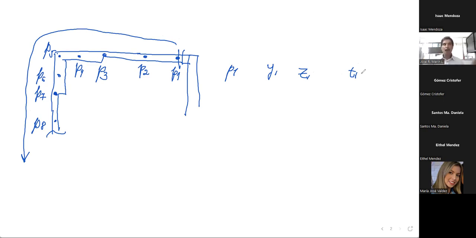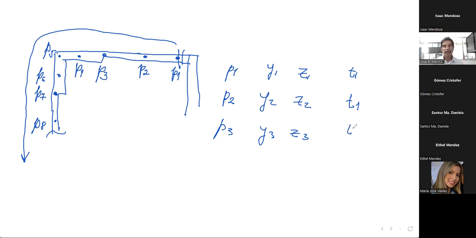Since this is the first one, there's no previous, so that value doesn't matter, but you still have to enter it. Then you specify the position of point 2: Y2, Z2, and the same thickness. Point 3 is going to be Y3, Z3, and the same thickness in this area.